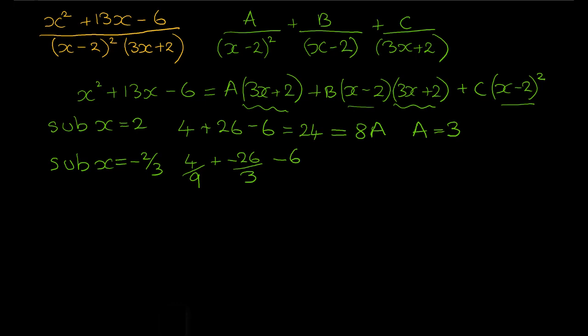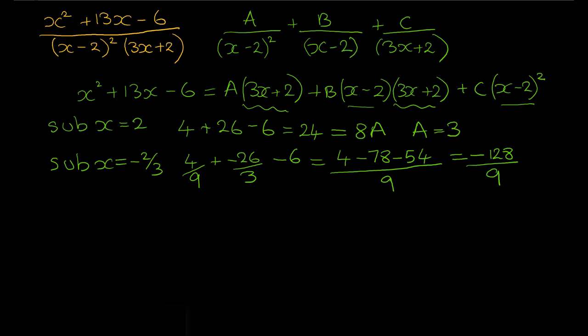So I'm going to tidy that up, put it all over 9. So we'll have 4 minus 78 minus 54, which is going to equal minus 128 over 9. Okay, so that's the left hand side.